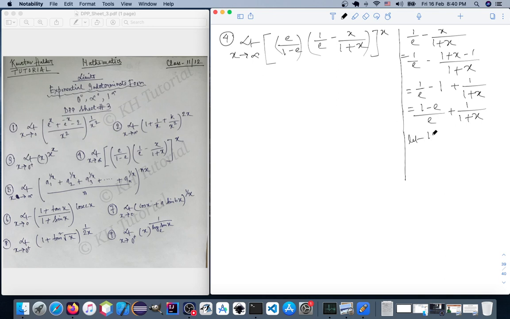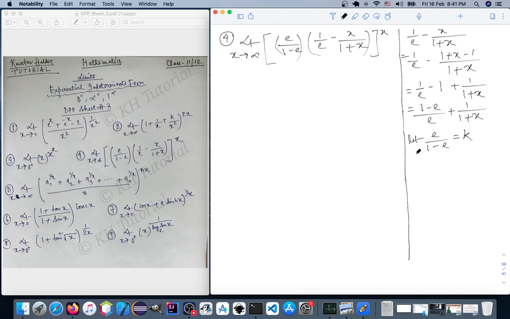So let's say this constant e by 1 minus e as k. It will be less lengthy to solve this problem if we just let e by 1 minus e be a constant k.